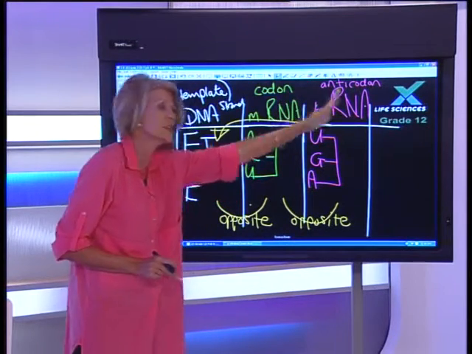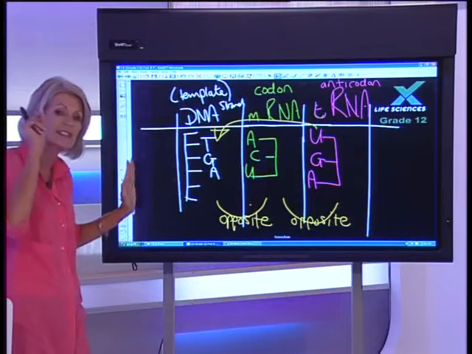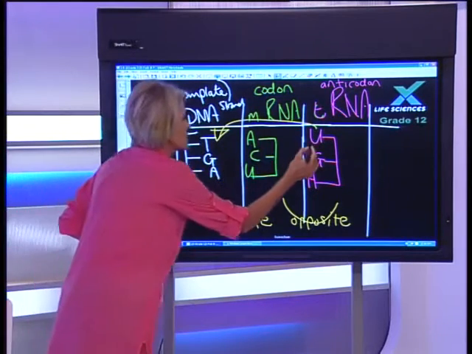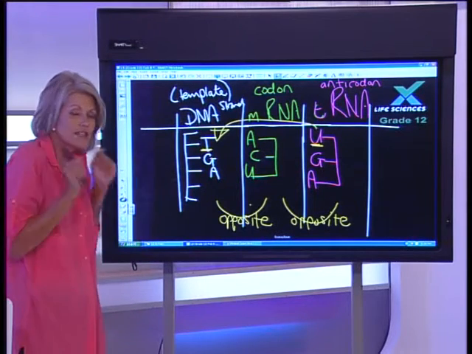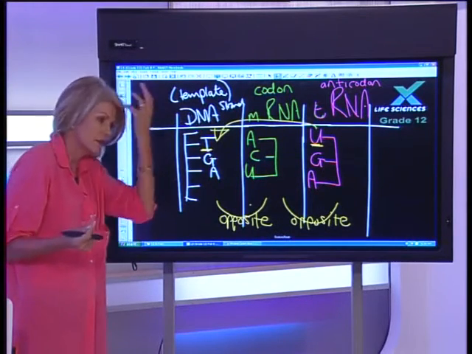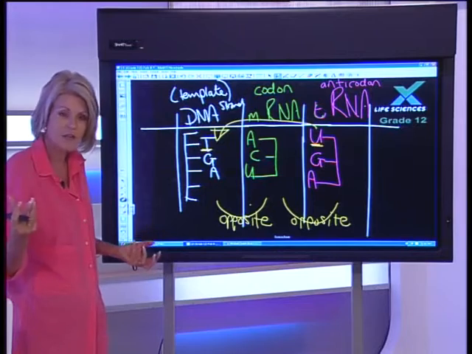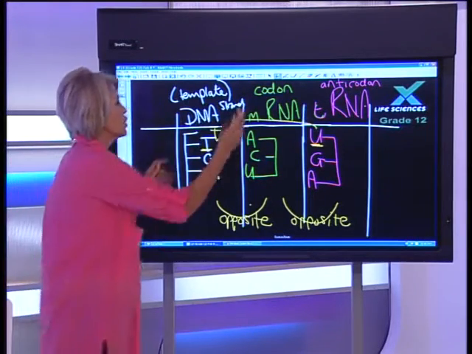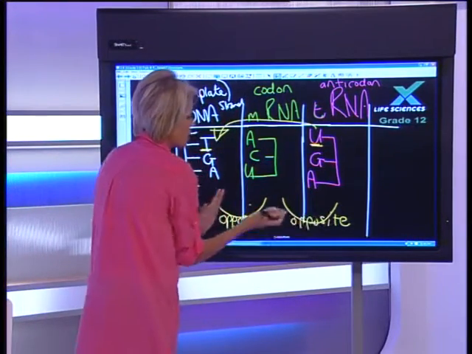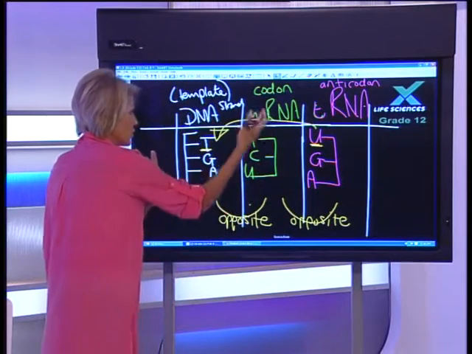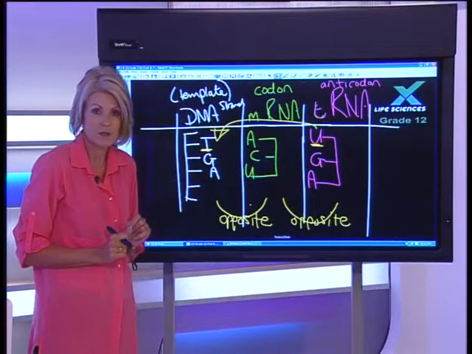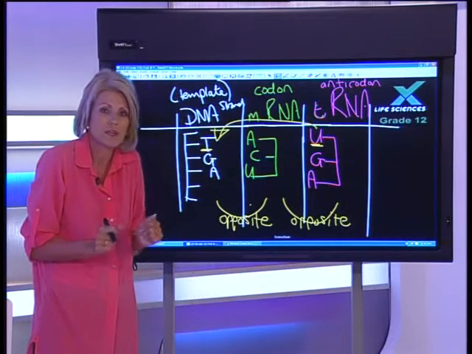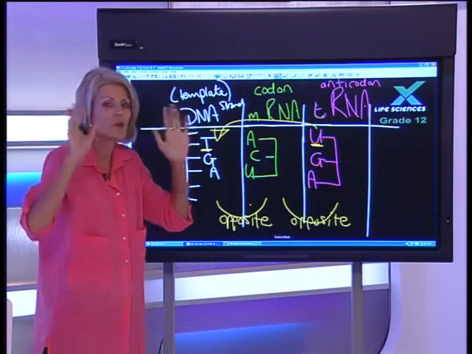It will be the same as your DNA, except you'll have uracil there and thymine if it's DNA. That's how you know if it's DNA or RNA. DNA has thymine, RNA has uracil. And your codon and your anticodon are opposite, and your messenger RNA codon and your DNA are opposite. And if you can remember that, then you're A for away.